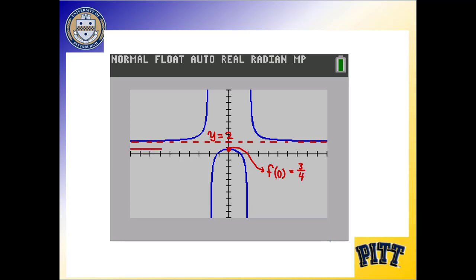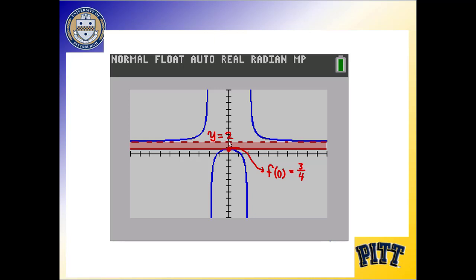That means you have a gap of y values between 3/4, including the 3/4, and y equaling 2, where y can't equal. So anything that's more than 3/4 and all the way up to 2 is not part of the range.